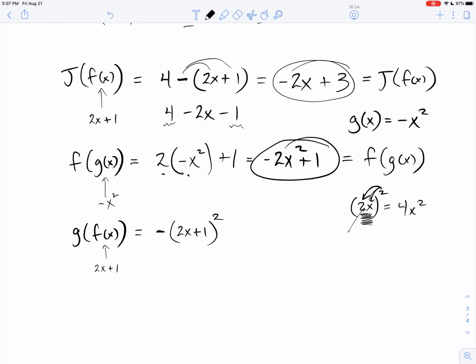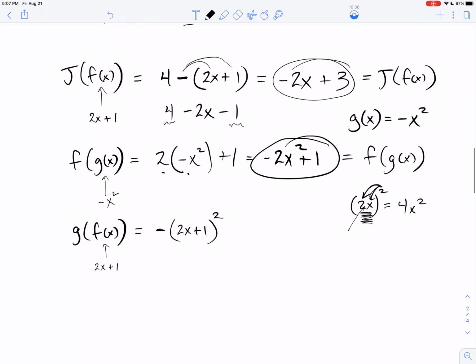Why? Because a binomial, that means you are going to take 2x plus 1 times itself. Which means if you drop it like it's hot, you're going to miss it because this is now something you're supposed to FOIL. And don't forget, there's a minus out front.